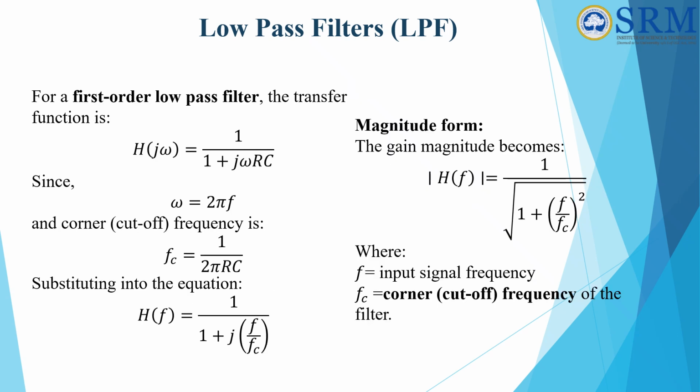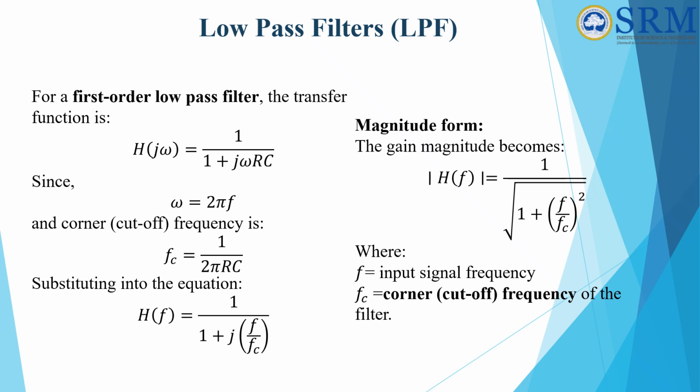For a first order low pass filter, the transfer function is given as H of j omega equal to 1 by 1 plus j omega RC. We know that omega equal to 2 pi f, and corner frequency is given as Fc equal to 1 by 2 pi RC.